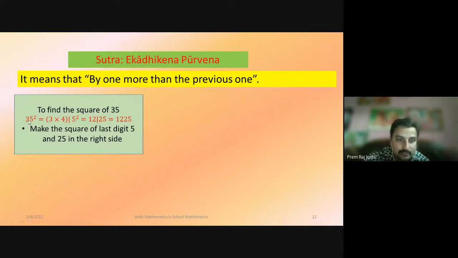So if we add 1 to 3, we will get 4. And we will just multiply 3 and 4, and we will get 12, and the right part is 25. So just combine that, 12 and 25, 1225 will be the answer.